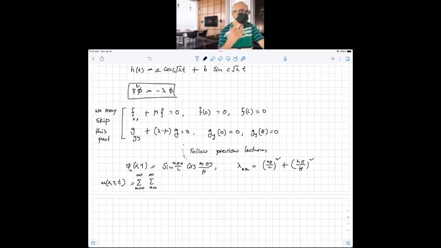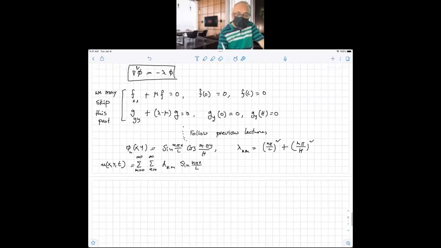So when we have a cosine term, we start from 0. For a sine term, we just ignore 0, because sine 0 is 0. And that will be a coefficient, and that is A_nm, and then sine n pi x over L.